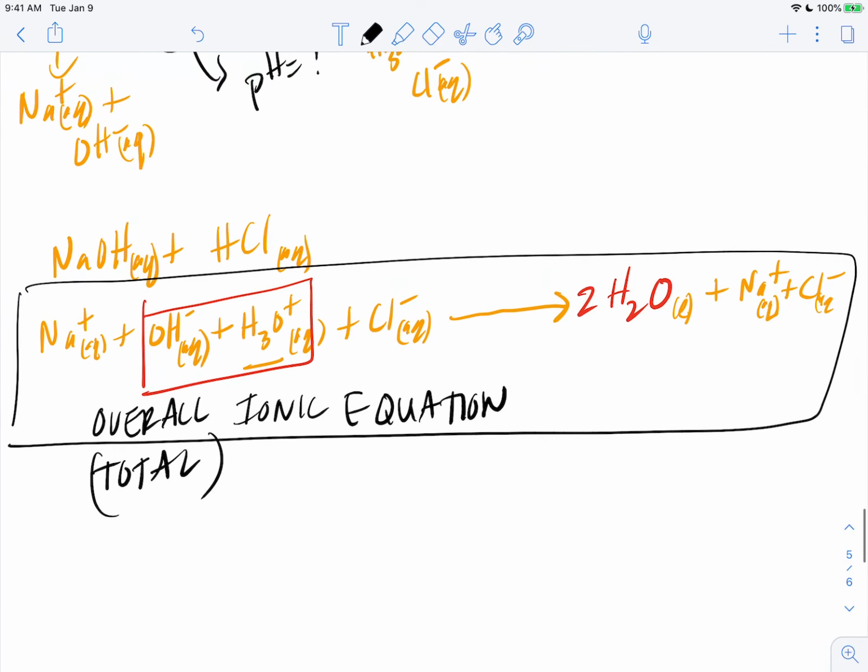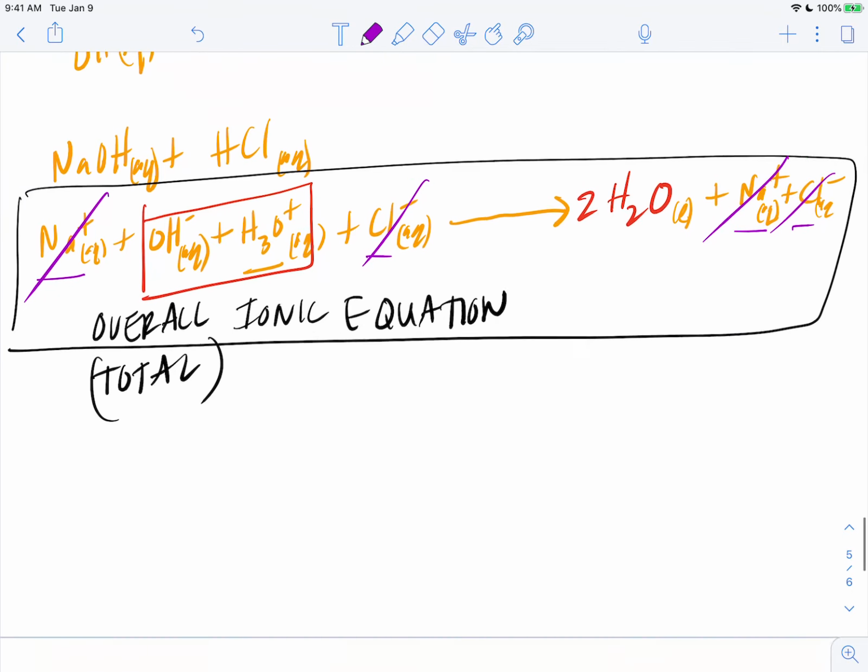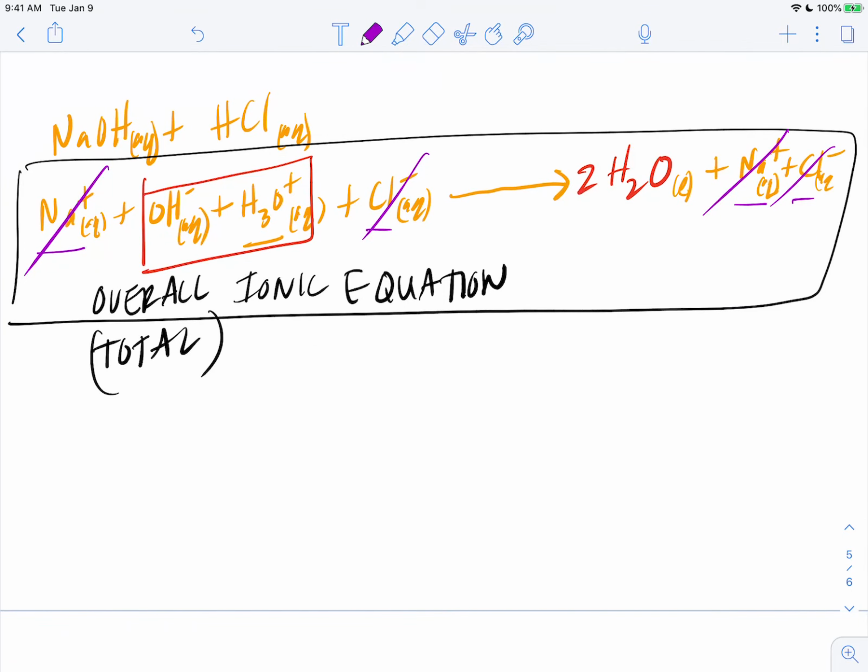But you'll notice that in this particular reaction, we have the same thing, Na plus and Cl minus, on both the reactant and product sides. And so they're not really doing anything, so we can cross those out and we can get our net ionic equation. That's basically just the things that react.